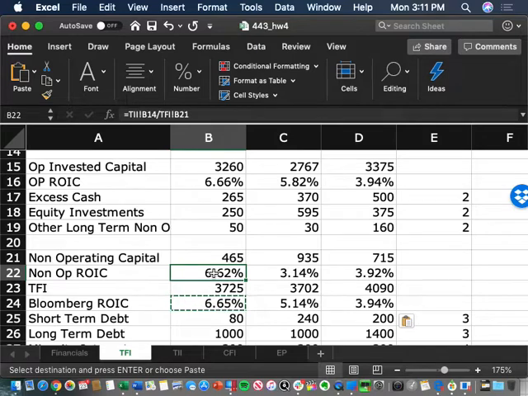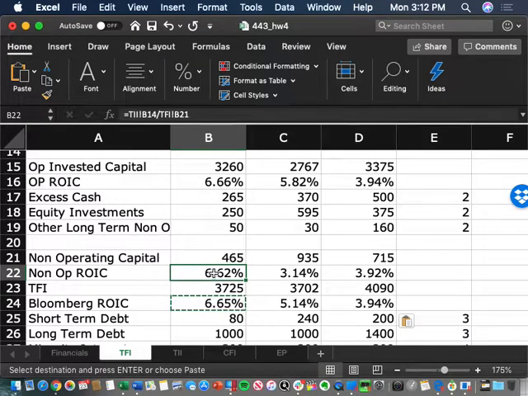See, the one challenge with the way other people do this is they just use one number, the TII divided by the TFI, to forecast the whole business. And the implicit assumption is the operating and non-operating are growing at the same rate. But that may not be the case. And long term, the reason I buy a business is because they're good at what they do.